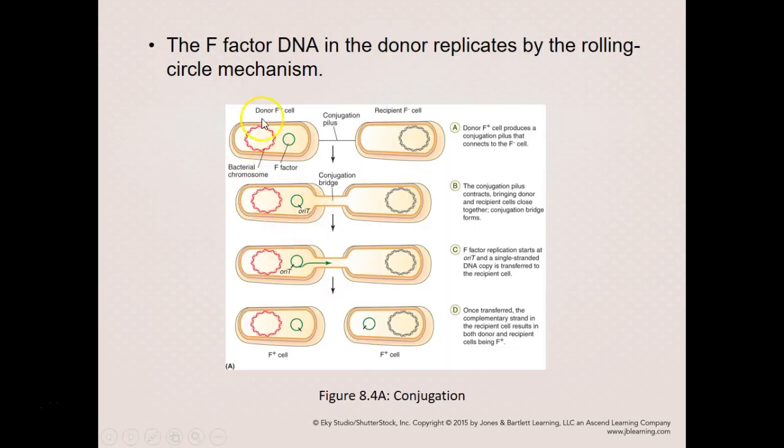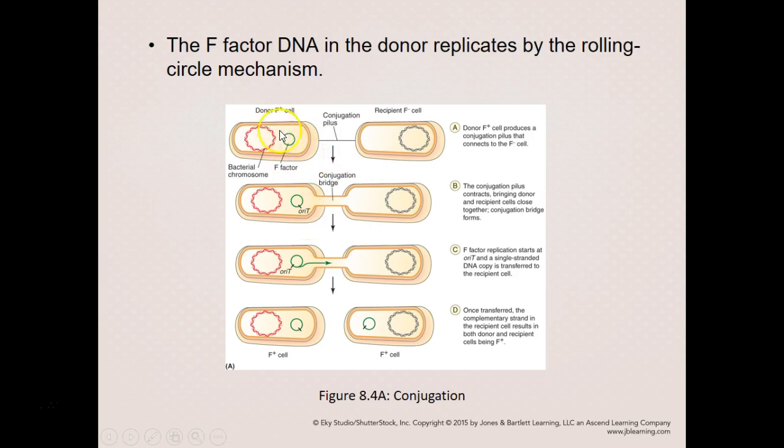And so here's what it looks like. Here we have the bacterial chromosome. Here we have the plasmid, which codes for the sex pilus.